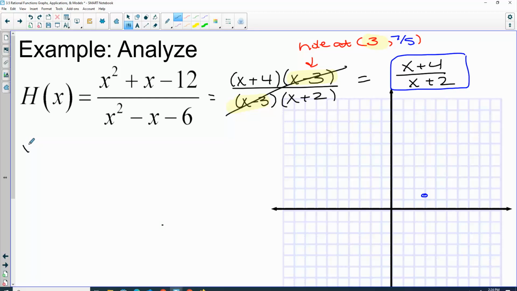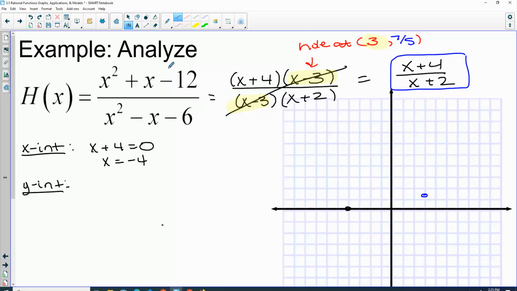So the x-intercepts, I'm looking at that final one. X-intercept is when y is 0, so really just when the top of the fraction equals 0. So we hit the x-axis at -4. Y-intercept is when the x is 0.